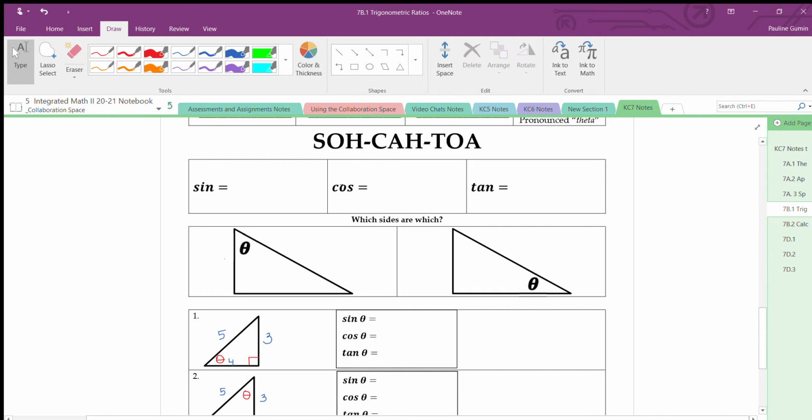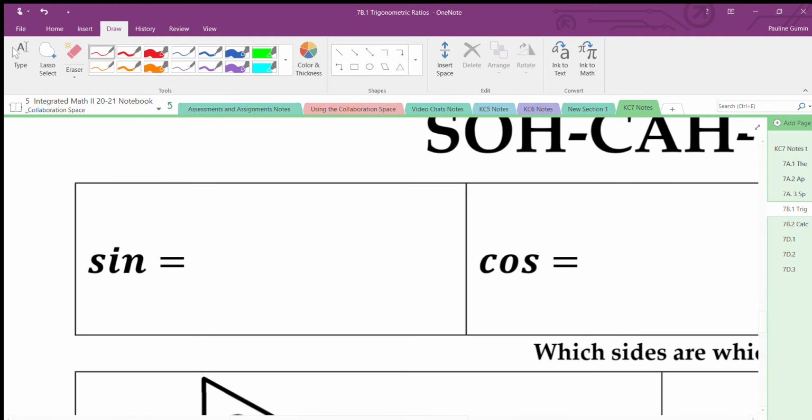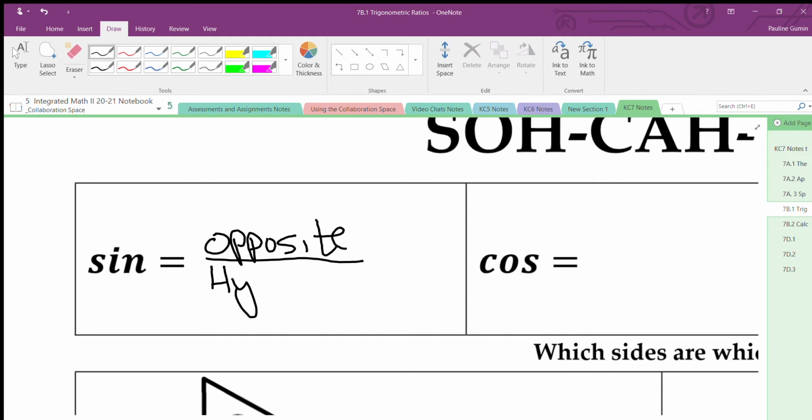And we'll discuss all of that right after we translate SOH CAH TOA. So sine is OH, so that means opposite over hypotenuse.